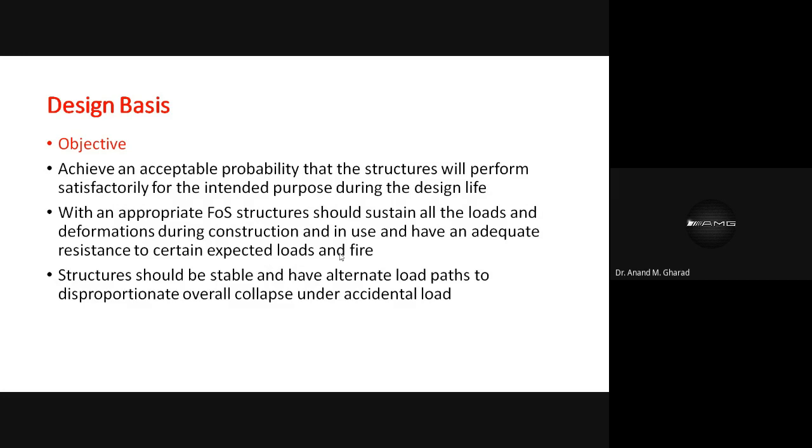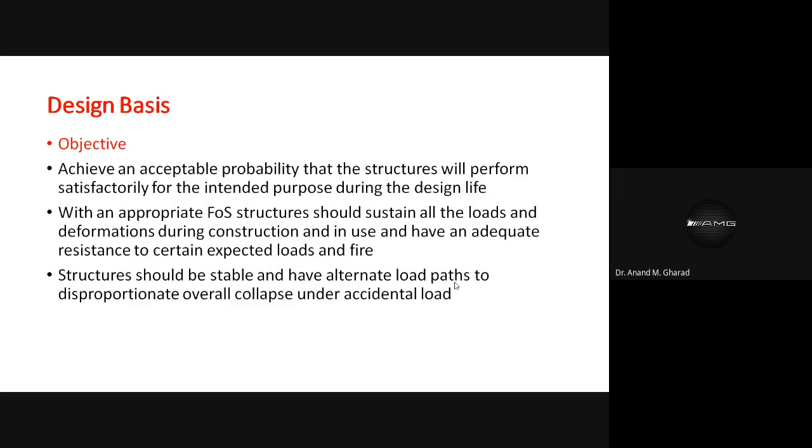Lastly, the structure should be stable and have alternate load paths to prevent disproportionate overall collapse. The term ductility, which I had explained to all, is this alternate load path. That means the material should have some property so that it can sustain excessive load without failure at an early stage.